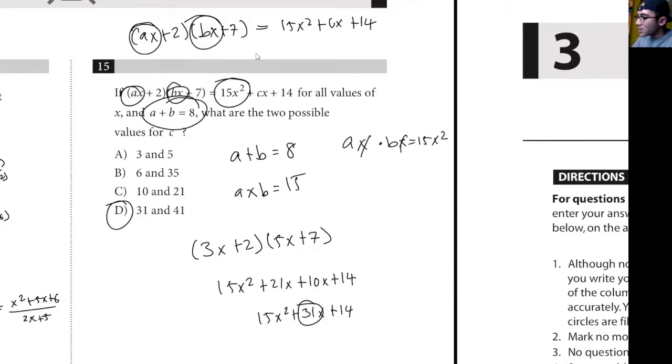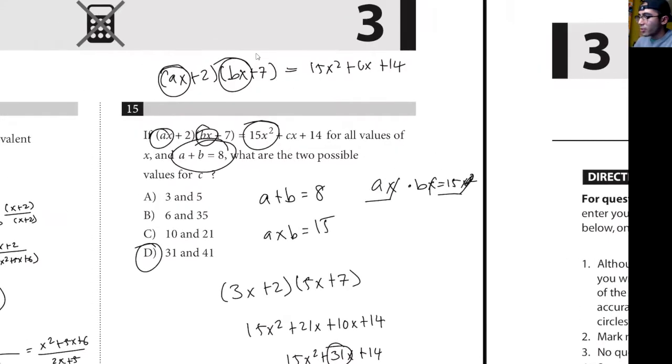We can get rid of the x's, and then we're left with a times b is equal to 15. Did you understand now? Because remember, when we FOIL first, this is our first value, ab x squared.